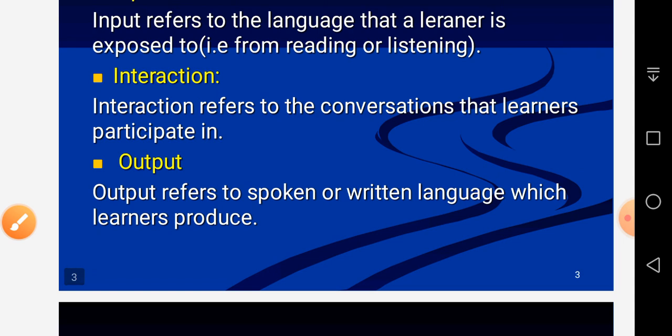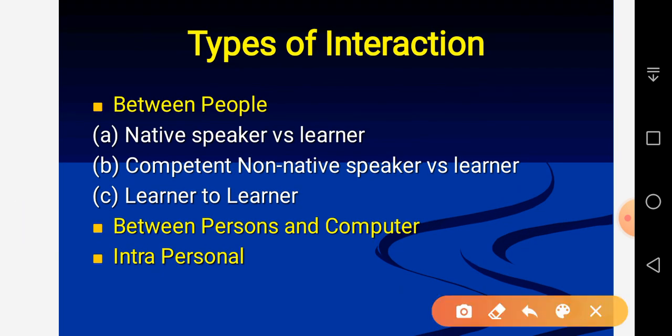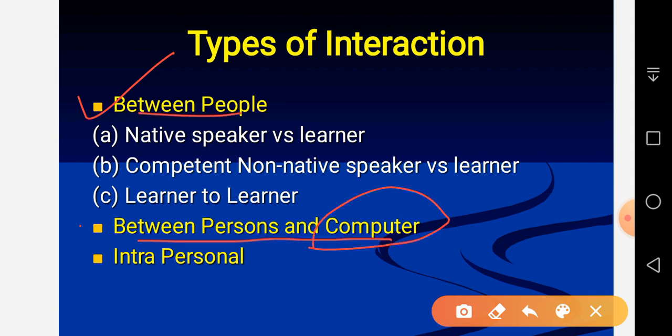But how will all this language be developed and produced by the learners? In an interaction manner. So I'm going to explain the types of interaction. There can be three types of interaction: between people, and between persons and machines, particularly computers, like interaction on social media, computer assisted language learning, all this.